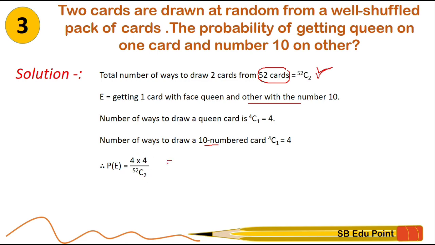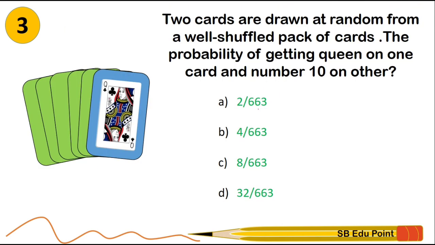So if we need to evaluate this, it will be 4 into 4 whole divided by 52 into 51 divided by 2, and that I am taking to the numerator, so 2. So it will give us the answer as 8 divided by 663. So the correct option for this question is option C, 8 divided by 663.